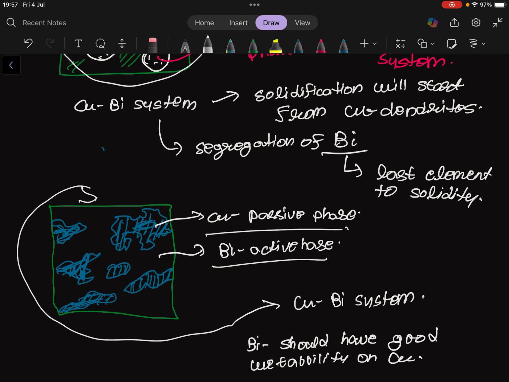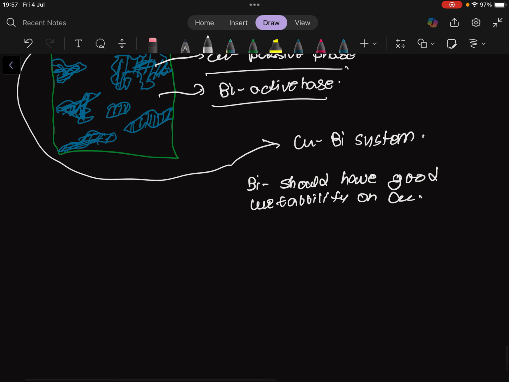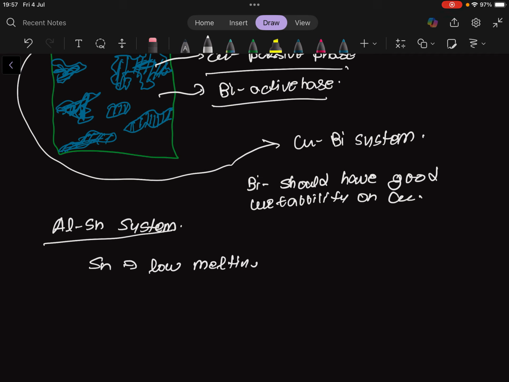Now let's talk about another system which can be considered as PCM. We can say it's the aluminum tin system. In this case, Sn has a low melting temperature, so this will act as an active phase.